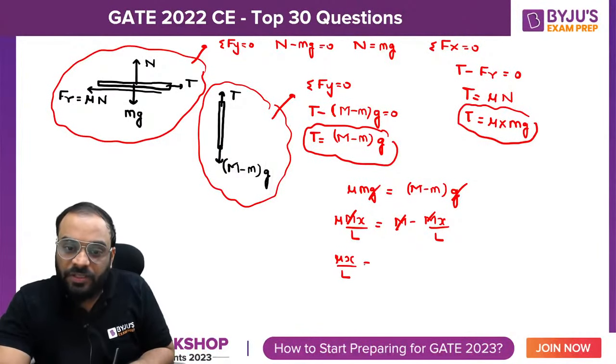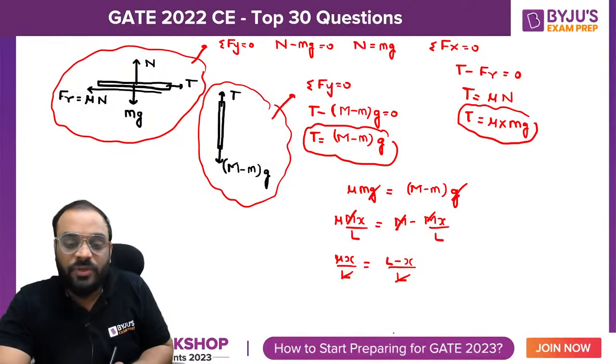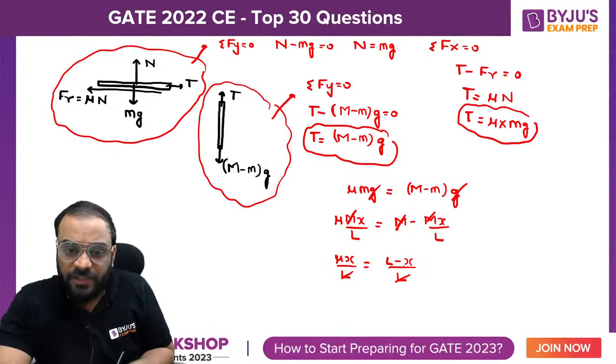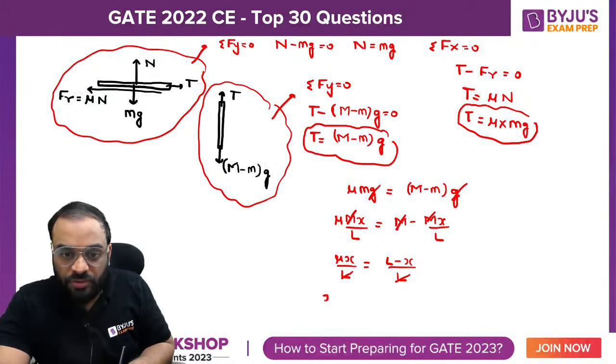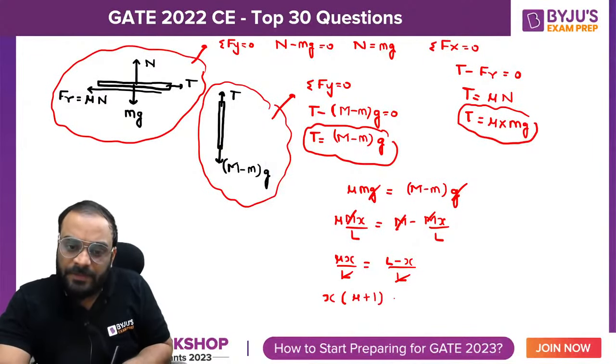Mu into x divided by L is equal to L minus x divided by L. You can cancel this one. And ultimately, you have to take this particular x on the left hand side, so you can take out the common x. So mu plus 1 times x is equal to L. So what is the value of x? X is equal to L by mu plus 1.